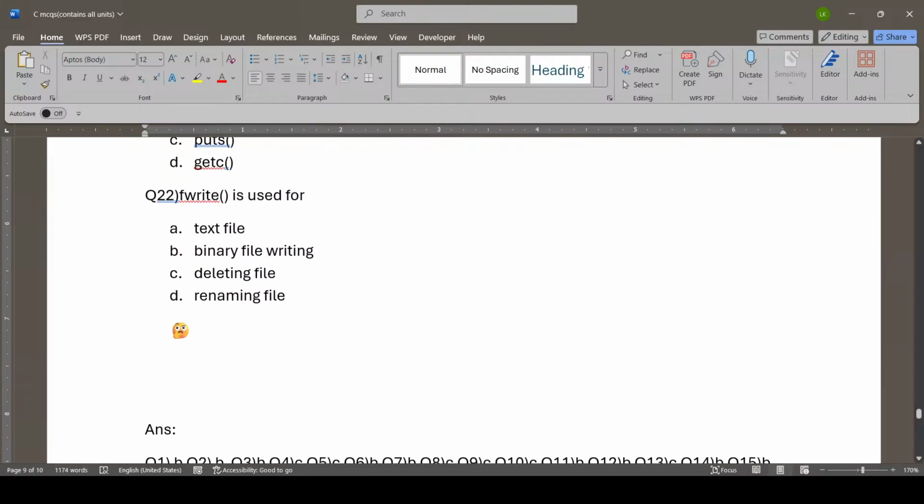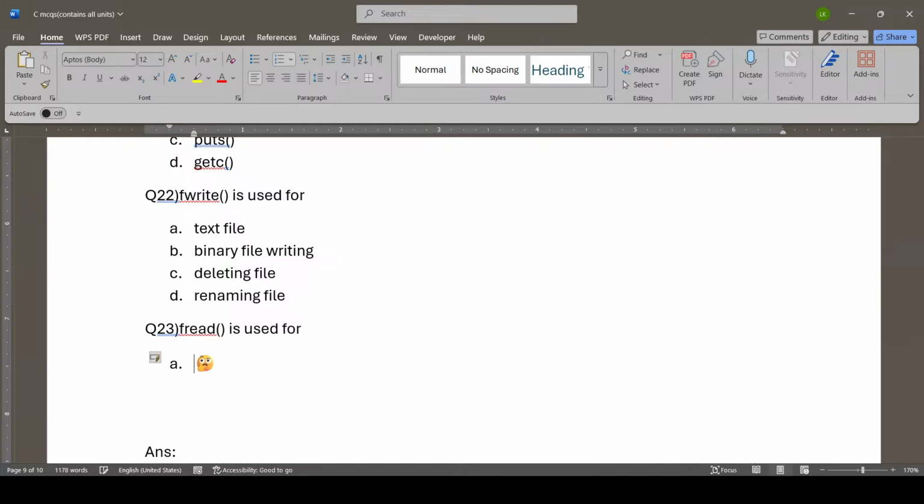Now the next question. fread is used for: first is writing, next is binary data, next is appending, next is removing.